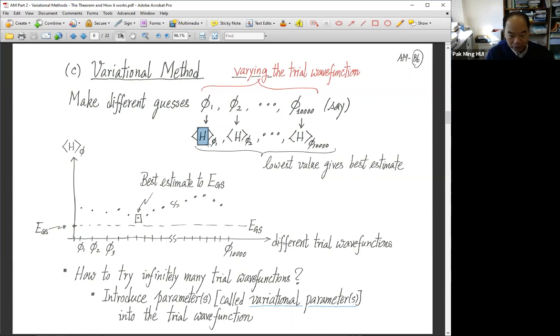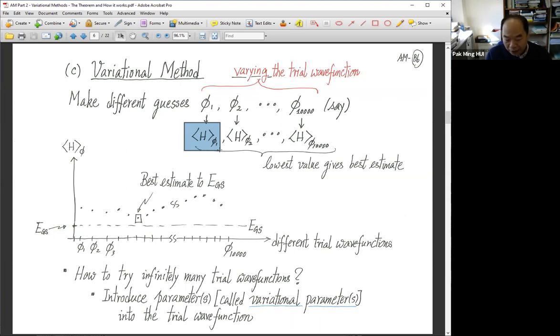Anything will do. Then you calculate the expectation value with respect to your trial wave function.